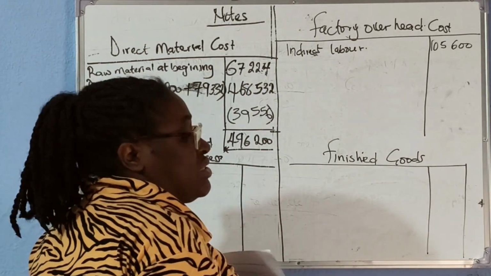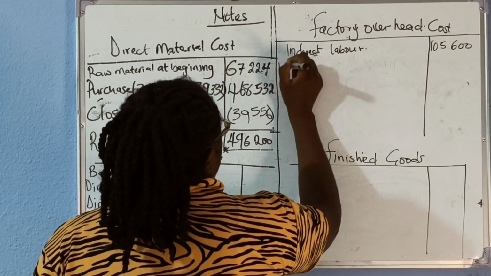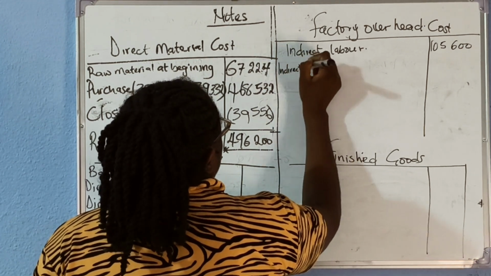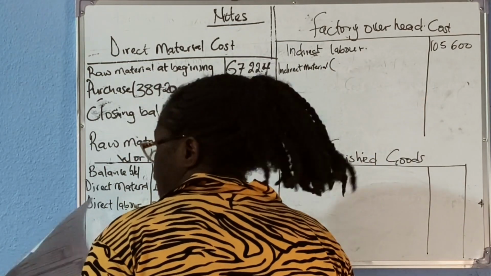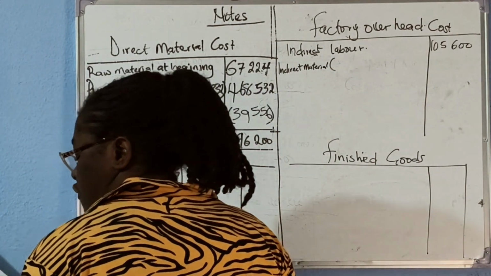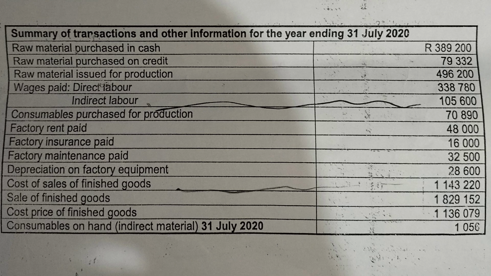Our indirect material has to do with consumable stores. So I will write it as indirect material with a bracket in front of it. The opening stock for my indirect material was 1,590 plus the indirect material that was purchased for production, which was 70,800.